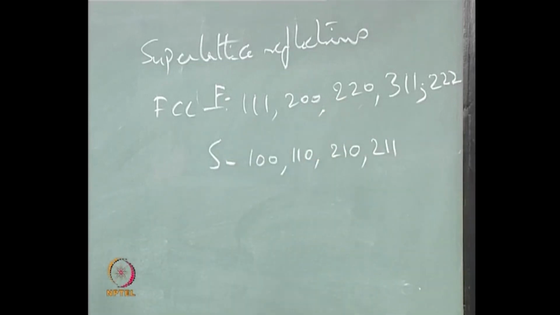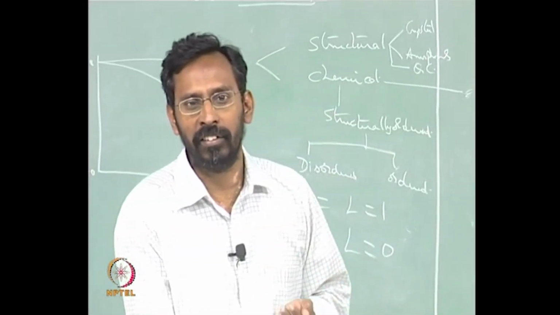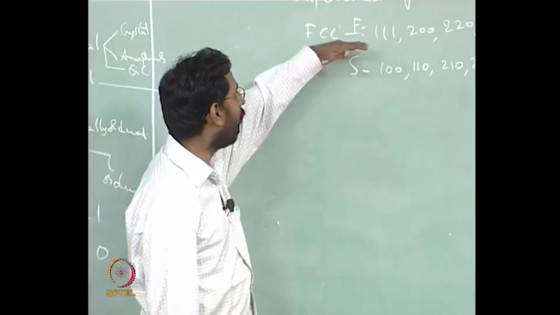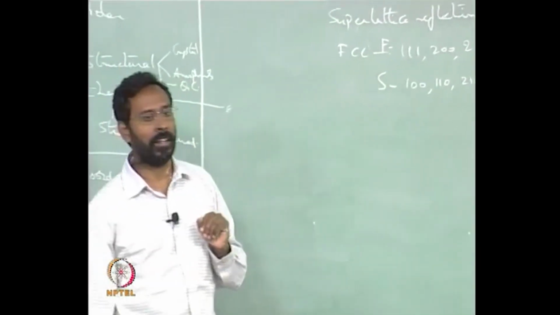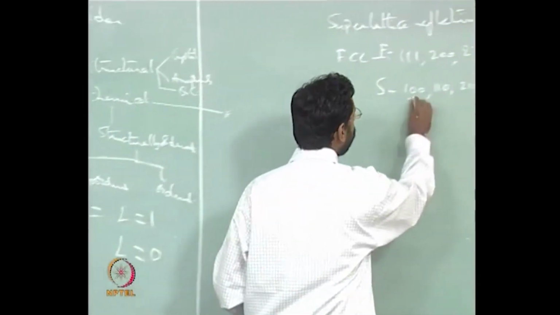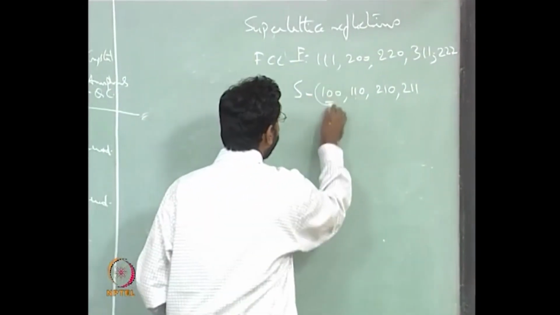Each of them will have certain intensity depending on the structure factor associated with that reflection. Every reflection would have a certain structure factor which we can calculate, and in principle if one has prepared a perfectly ordered thing, in JCPDS files, if you go, you can take any one of the peaks and find out what is the intensity of it.